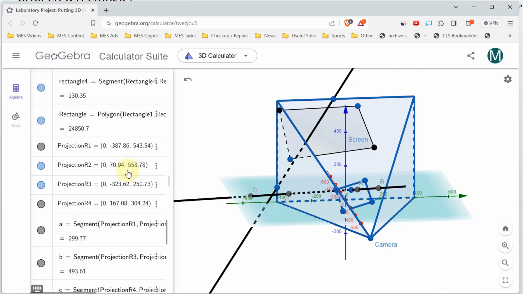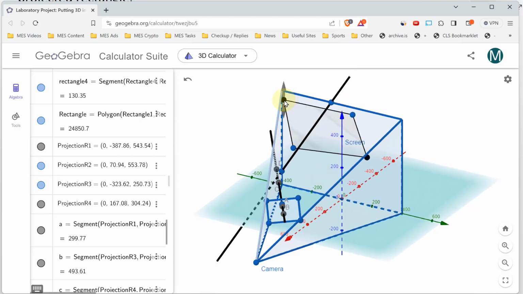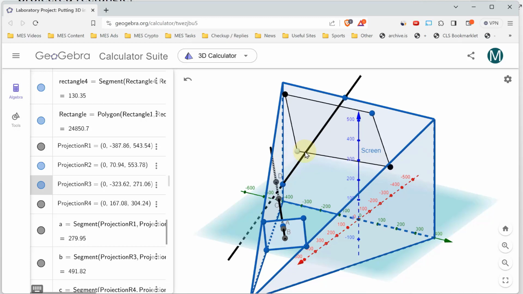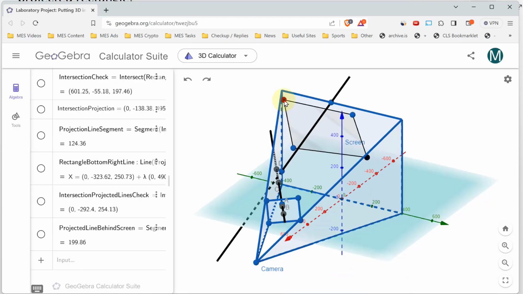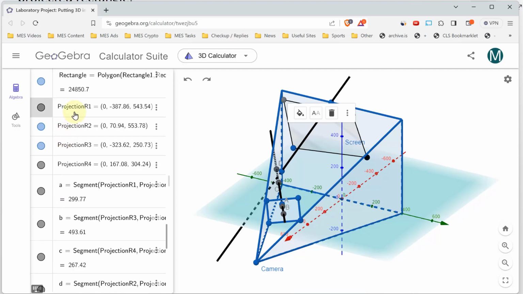We can see this if we go to the calculator right here. So there is R1. There's the dot. If you click this, move this around, there's the projected rectangle. Click this shape. I don't know what's behind. Let's undo. If you click that, it highlights where we're at. So that's R1.